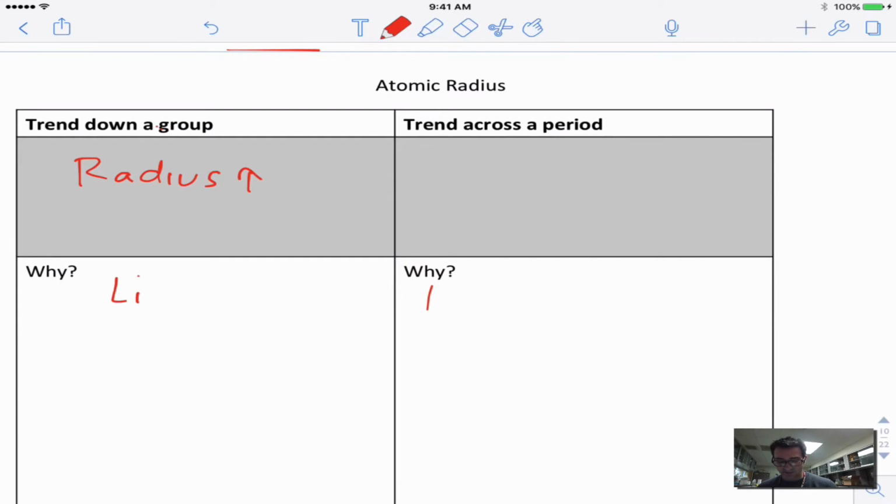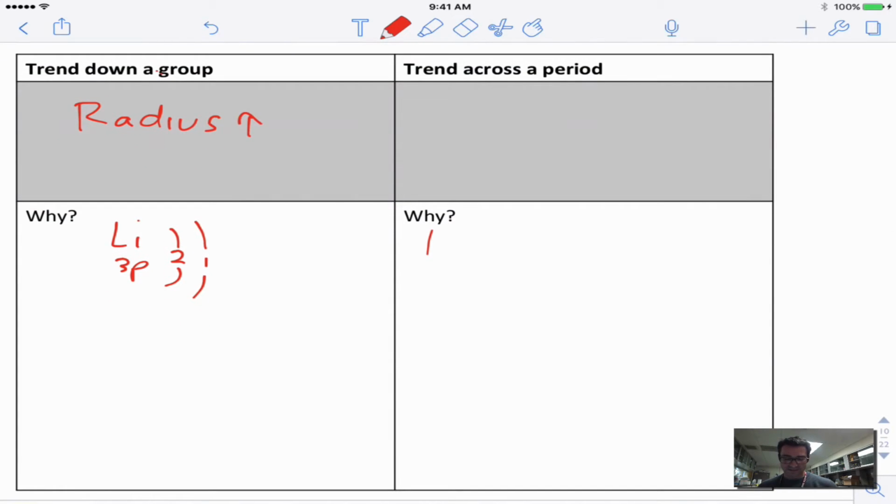Lithium has its 3 protons and its 2 energy levels. Let's compare that to sodium. Sodium has its 11 protons and it has its 3 energy levels. So why would sodium be larger than lithium? It's the number of energy levels.